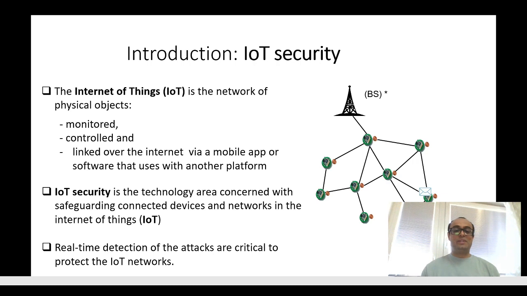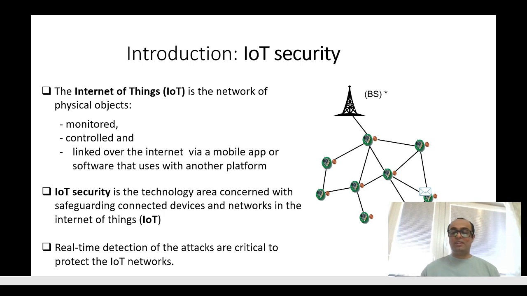First, what is IoT? The Internet of Things. IoT is the network of physical objects monitored, controlled, and linked over the Internet by a mobile application or software that works with another platform. IoT security is the technology area concerned with safeguarding connected devices and networks in the Internet of Things.